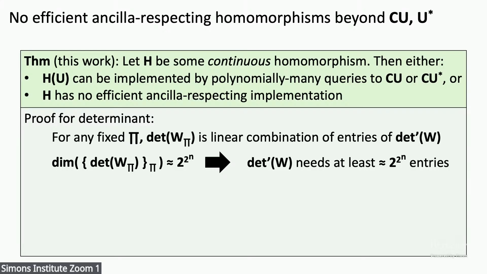So that means det prime of W needs to span a space of dimension 2 to the n, so I need at least 2 to the n entries in W. So it's still basically 2 to the n.